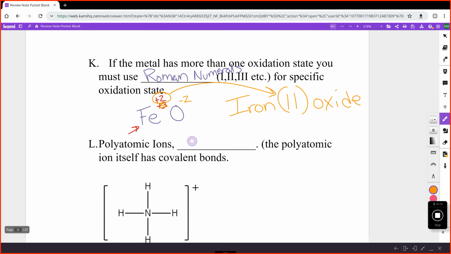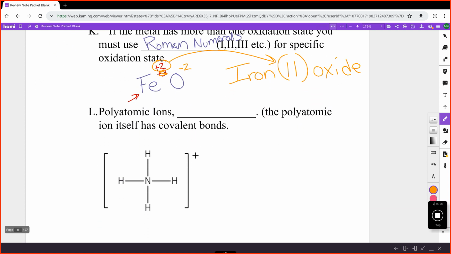And lastly, we can talk polyatomic ions. For the New York State reference tables or exam, there is a Reference Table E. Reference Table E will give you the names and the formulas for every single polyatomic ion you need to know. The one thing that's interesting about it is these are covalent bonds.